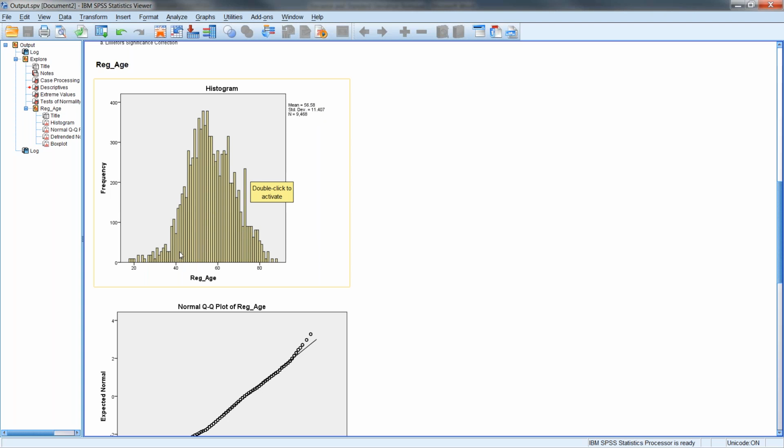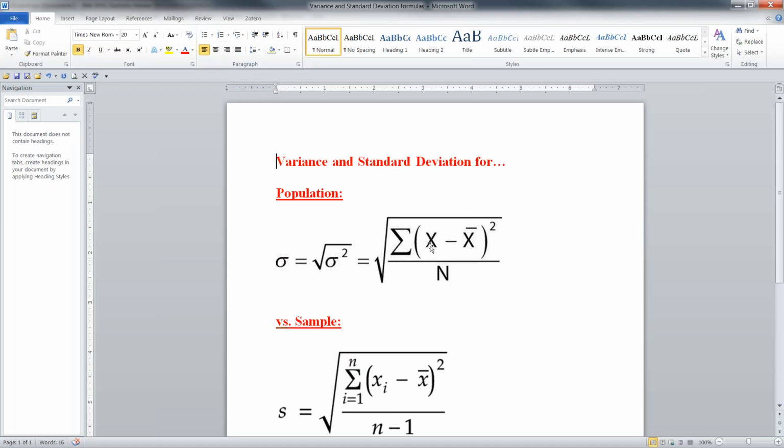Say we had a 20-year-old down in this area, and we subtracted 56.58 from it, well, there you go, you get about negative 36. If we were to do this and sum them up without squaring them, then we could basically get 0 for our variance.